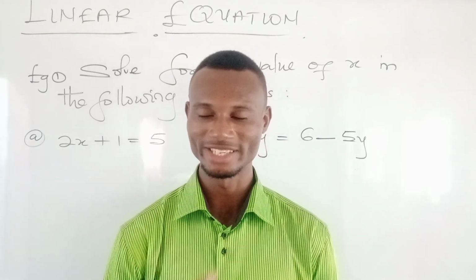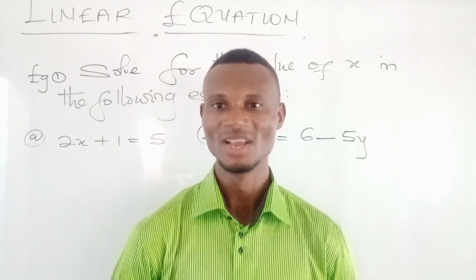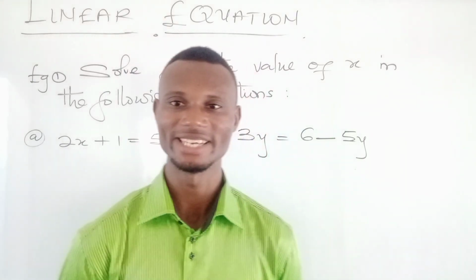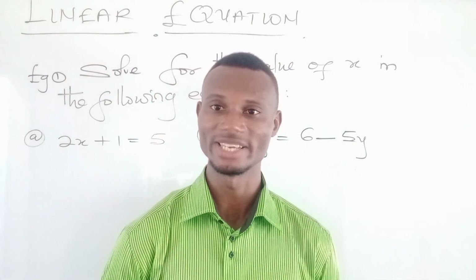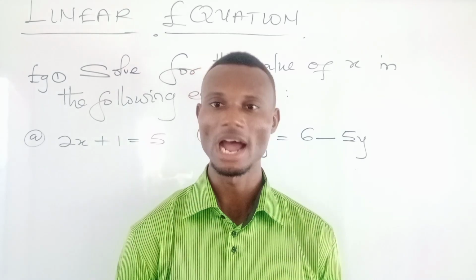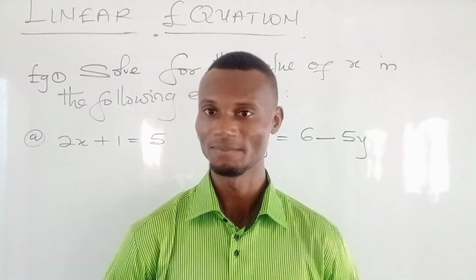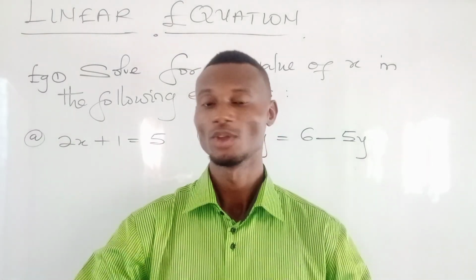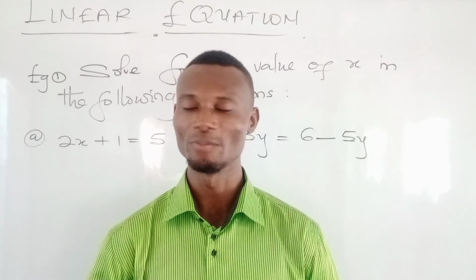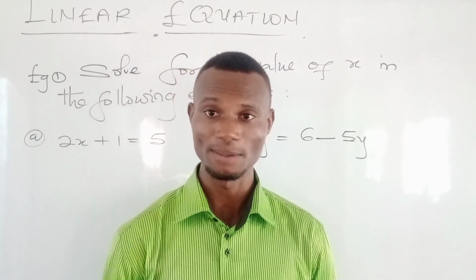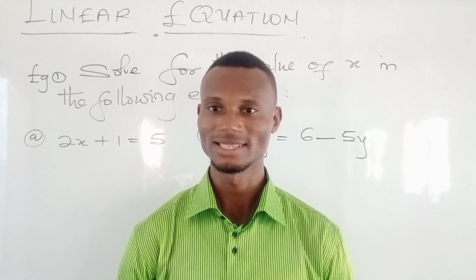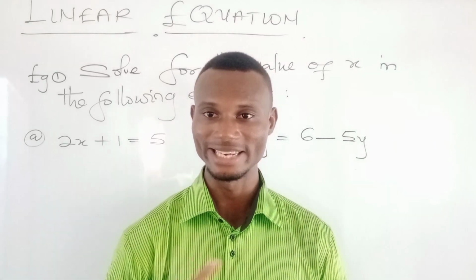Let me just reiterate it one more time so that you understand. I said an equation is any expression that contains an equal sign, and we have different types of equation. We have linear equation, quadratic equation, and polynomial equations, and other types of equations as well. But in this video we are learning about a linear equation.